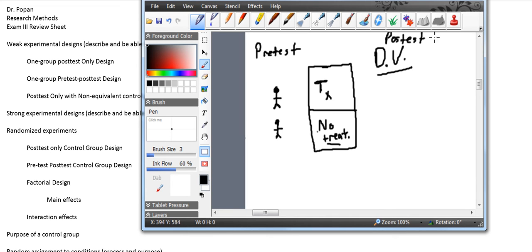It would allow us to see, okay, are there pre-existing differences between the treatment group and the no treatment group to begin with, right? If there aren't any pre-existing differences to begin with, then you're probably in pretty good shape, even though you haven't used random assignment here. But of course, ideally we would use random assignment.